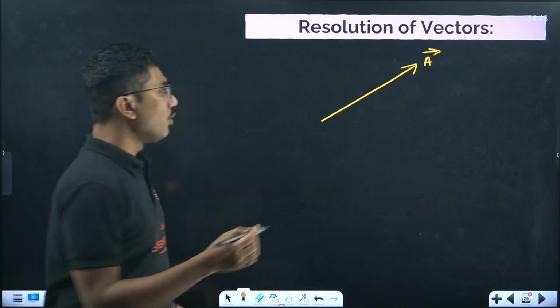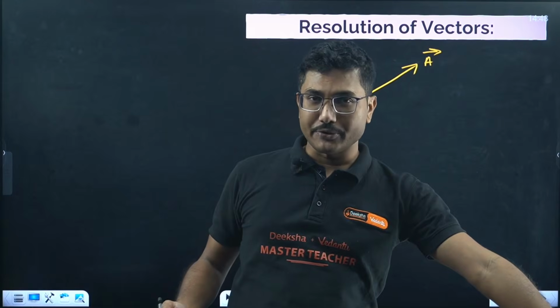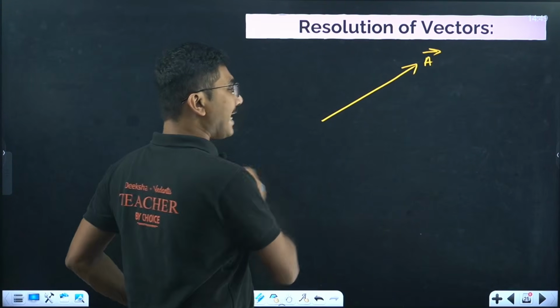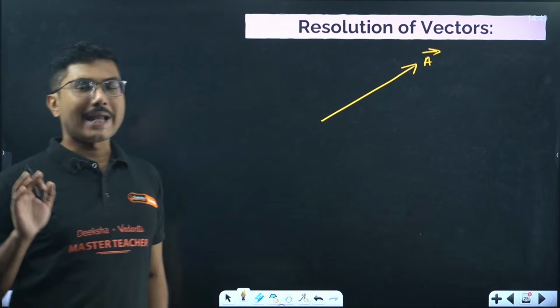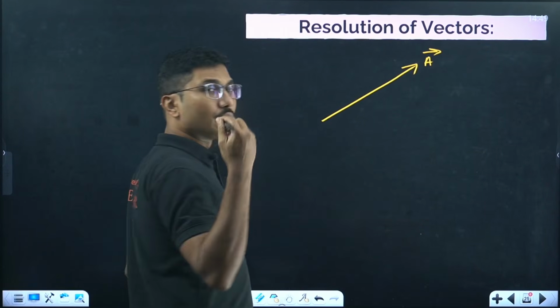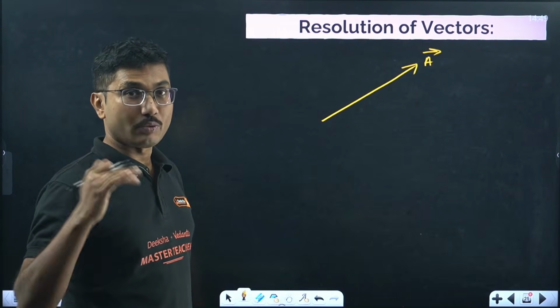How to do that? We consider axes. It can be based on the question; any two perpendicular directions can be considered. Generally we like to do it in terms of our known coordinate system, the x and y axes.